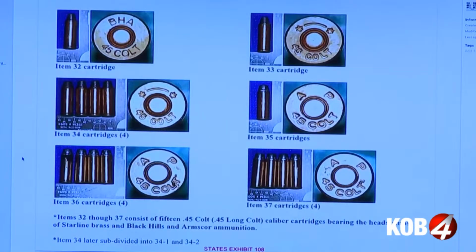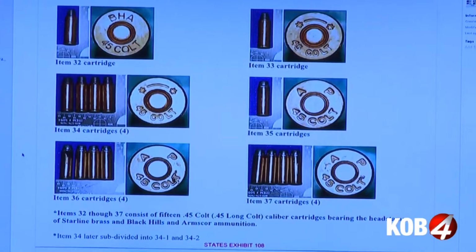State's Exhibit 108. What's this? These are additional cartridges submitted, and again, these were submitted being declared as live cartridges. And did they appear to be consistent with live cartridges? Two of these I did disassemble, so I could verify that they had the 4 components of live cartridges.